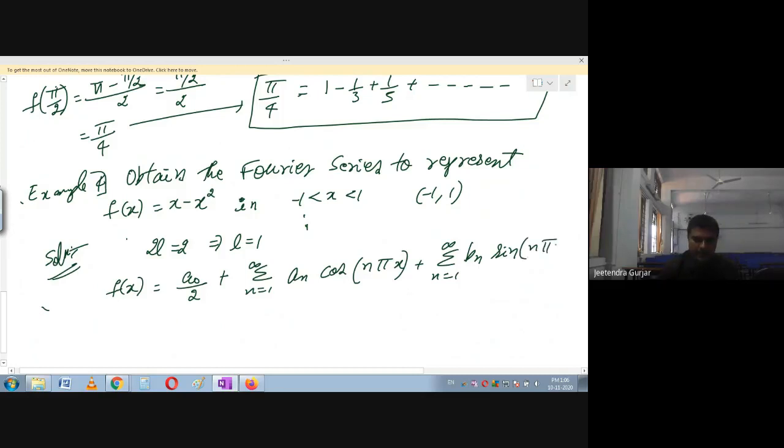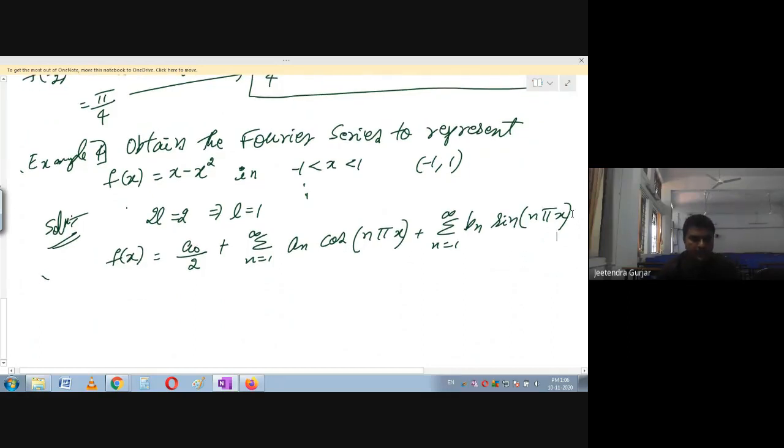So here it will be n pi x. So if we substitute a naught, a n, b n, you'll get the answer.